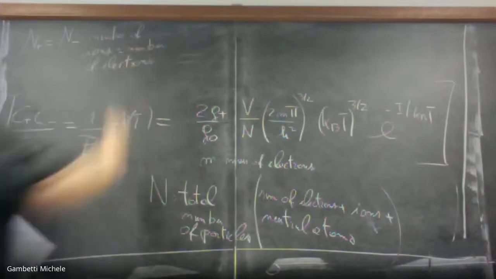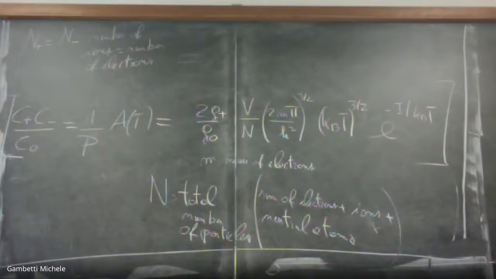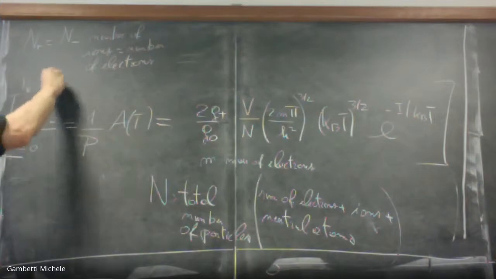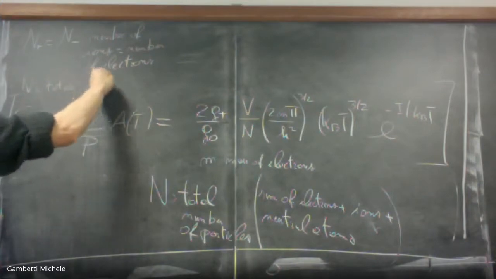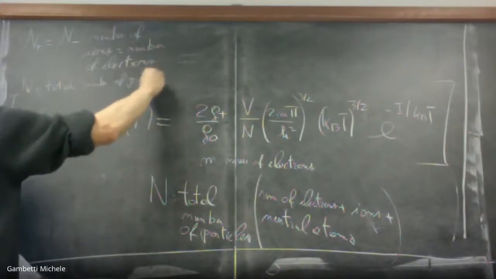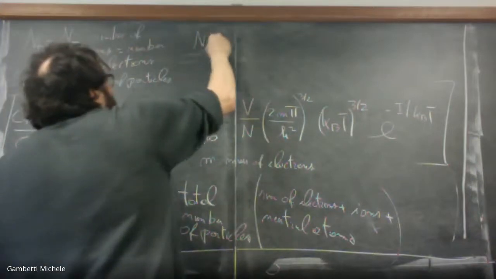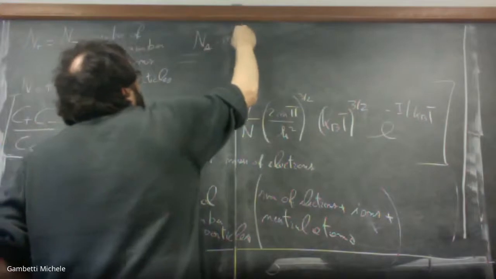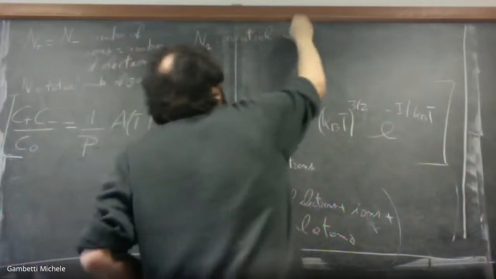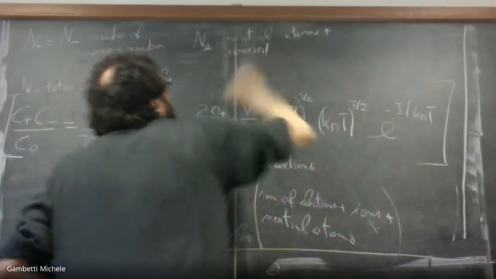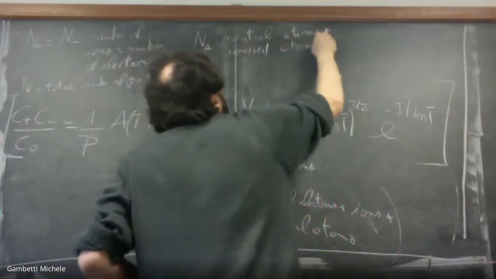And they must be equal by charge conservation. So N is the total number of particles, as we said before: the sum of electrons plus neutral and ionized atoms. And let me also introduce Na, which is the sum of neutral atoms plus ionized atoms.